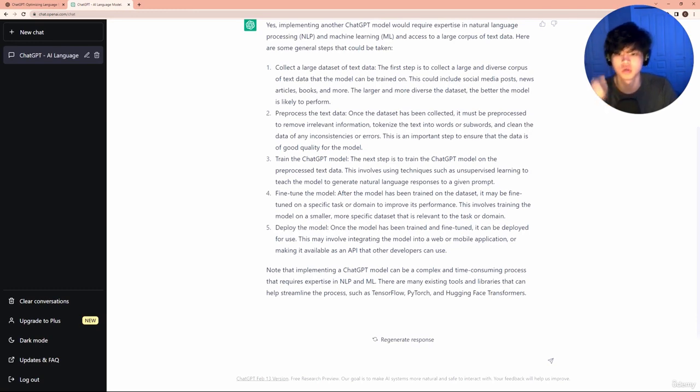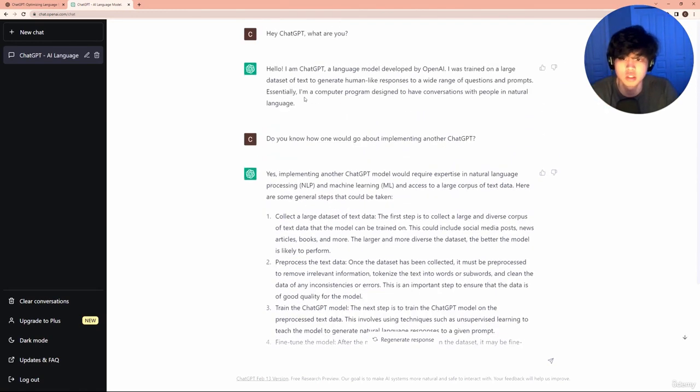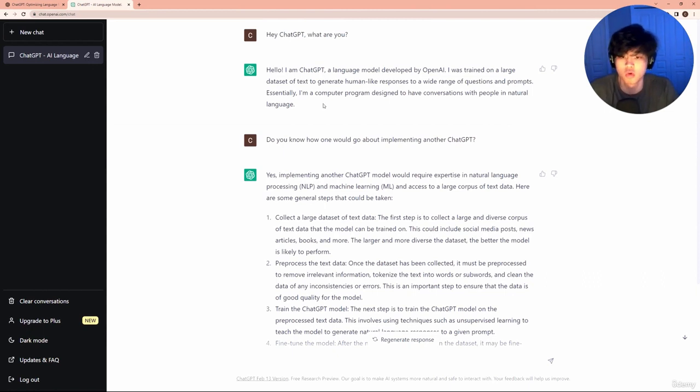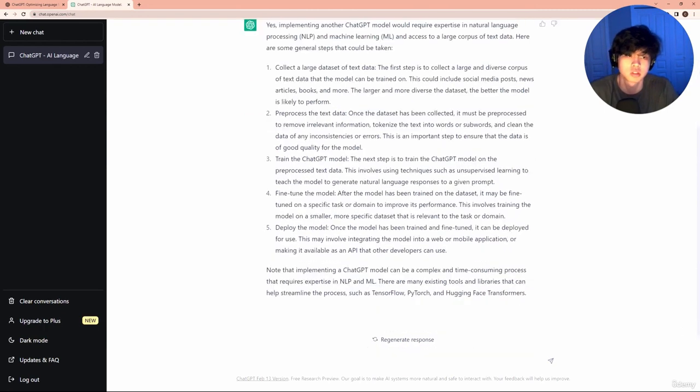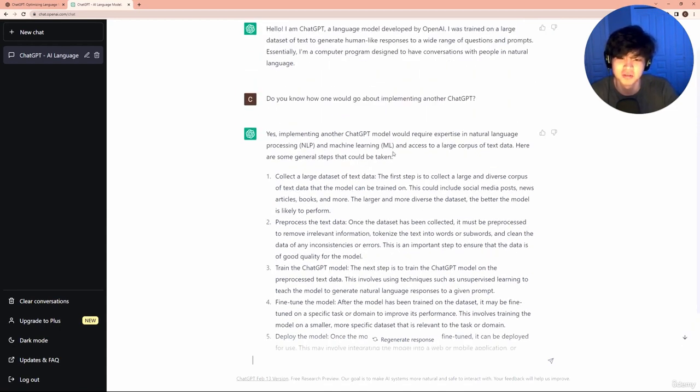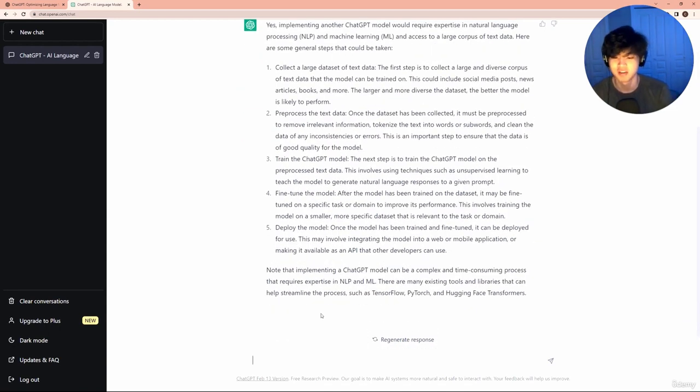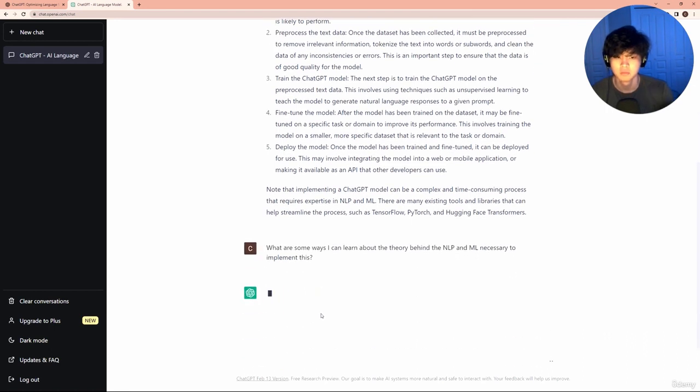And yeah, so we can see that it is able to report how one would go about implementing something just like itself, which is really cool, but this kind of goes way beyond the scope of this course. And if you're interested in those kind of things, there are lots of actually good resources. So, I mean, we could even ask it, what are some ways I can learn about the theory behind the natural language processing and machine learning necessary to implement this?